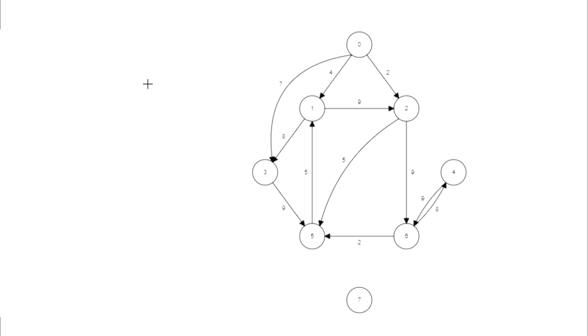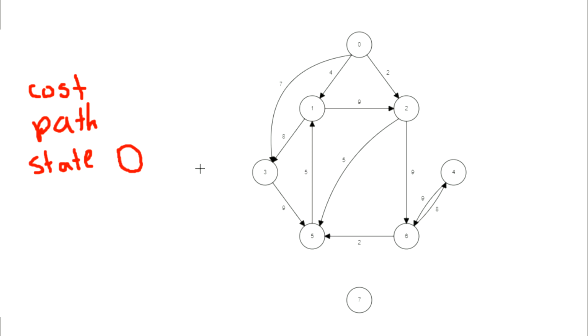So the first step is we need to give properties to each vertex. We have three properties, which are the cost of time, the path, and also the state. The state is either visited, which I'm going to mark by a red circle, or unvisited.